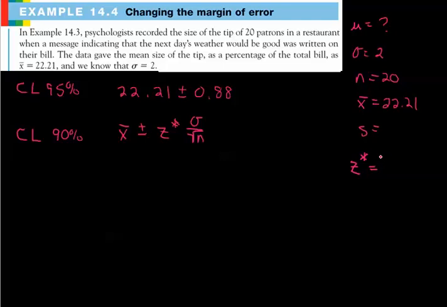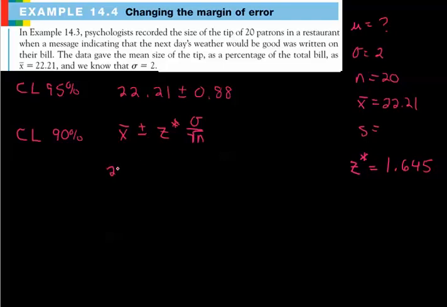Again, that gives us how many standard deviations away from the mean, plus and minus, will contain 90% of the sample means in that distribution. When we look back, our z-statistic for 90% is 1.645. So now we have all of the information to plug into our formula.